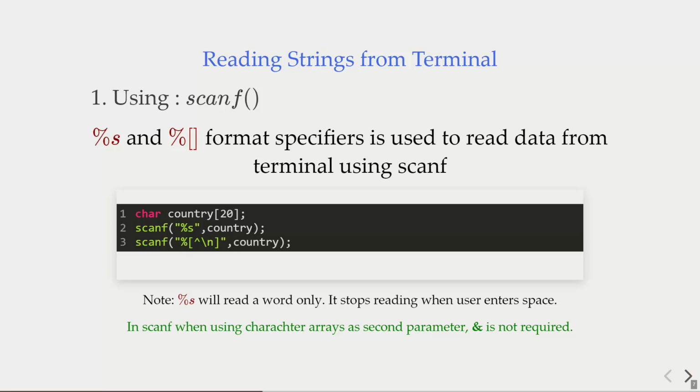Remember we are not including the square brackets. It is assumed that if we are using %s, the variable that comes after the comma has to be a character array. If it is not, it will give you an error. The second thing to note is that there is no ampersand sign. When we use the ampersand sign, we are sending the address to the scanf statement, but as it's an array, it is already storing the address, so you need not provide that.